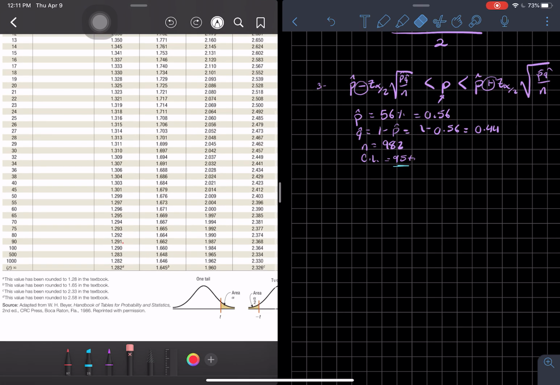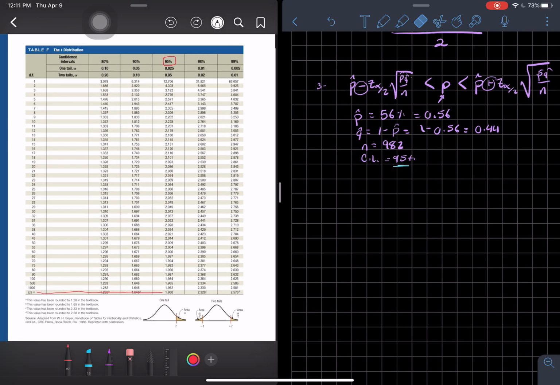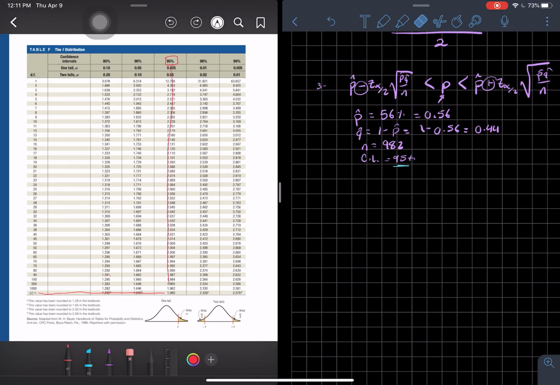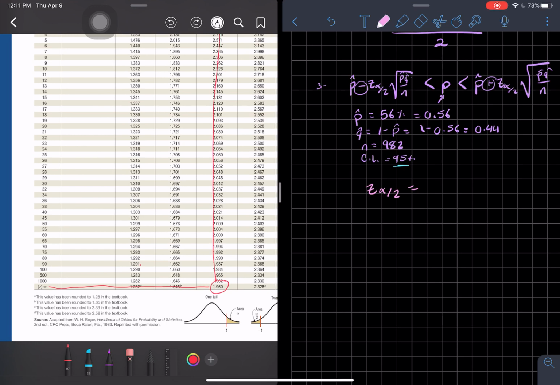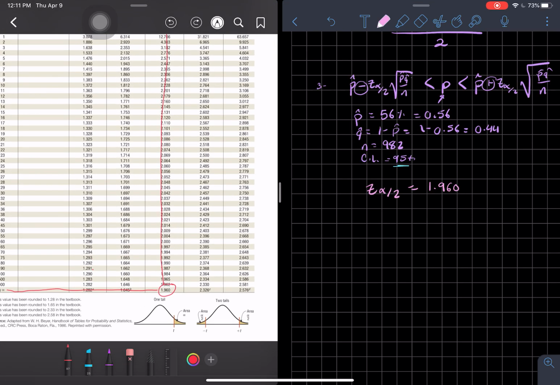So I'm not even going to assume, I know that I have a Z. I'm just going to go all the way to the 95% right here, which gives me 1.960. So I know my Z alpha over 2 is going to be 1.960.